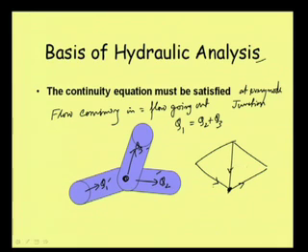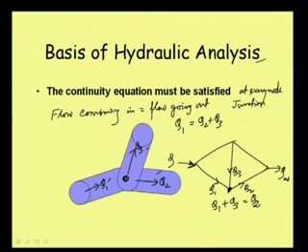Then we can say that at this point Q1 plus Q3, both coming in, is equal to Q2. Then again, suppose this is the discharge which is coming in, Q, and this is the discharge which is going out, say Q out.